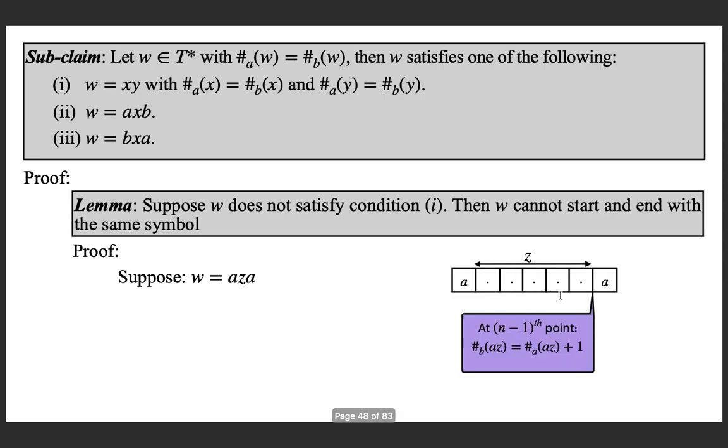Now, if you look at this point, we know that in the whole W, the number of A's and B's are the same. So, just before the last symbol, the number of B's in that string must be 1 more than the number of A's, because after processing one more A you will get an equal number of A's and B's.